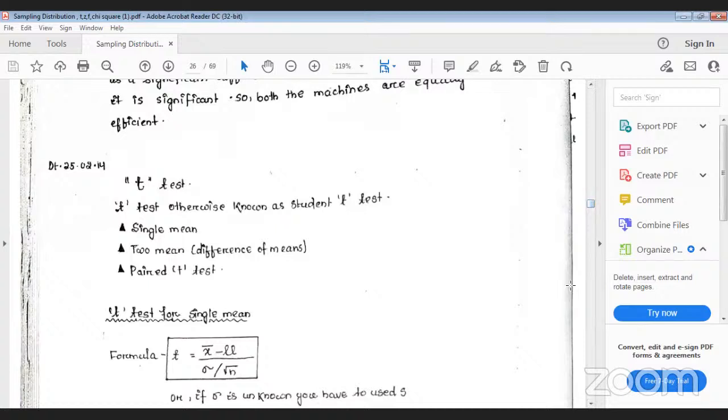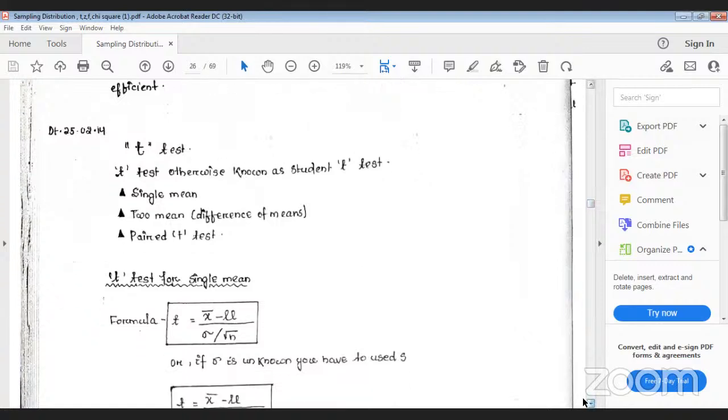T test, or similarly Student's T test, you can say that. So the T test is just the same as whatever you have done for the Z test. The only difference is that in the case of the T test, you check whether the sample size is small.